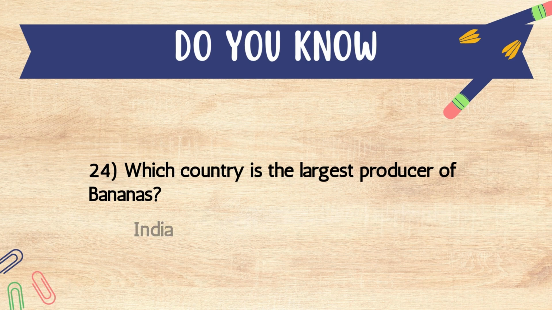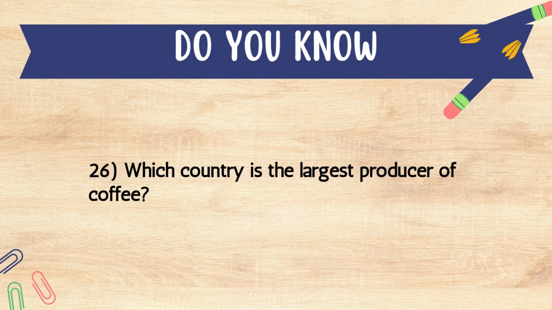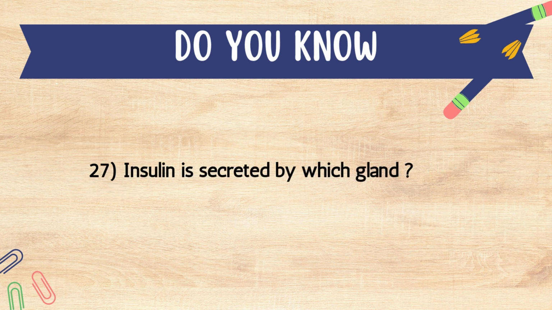India. Which fruit contains over 90% water? Watermelon. Which country is the largest producer of coffee? Brazil. Insulin is secreted by which gland?